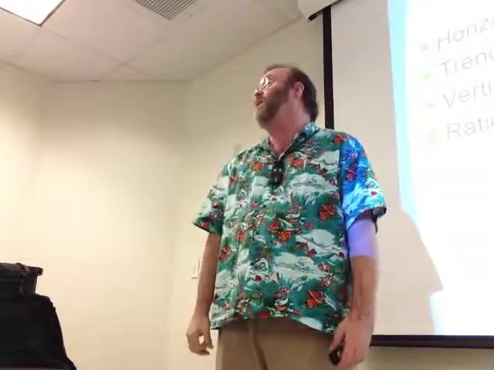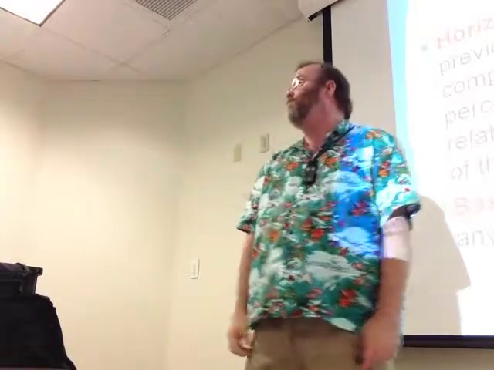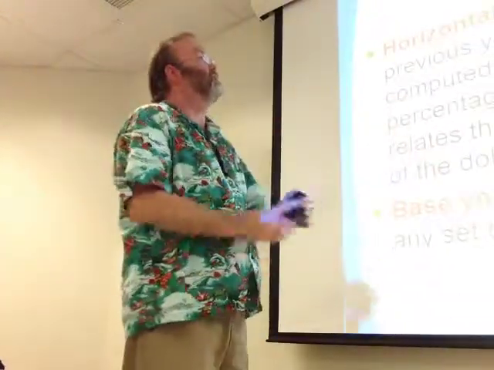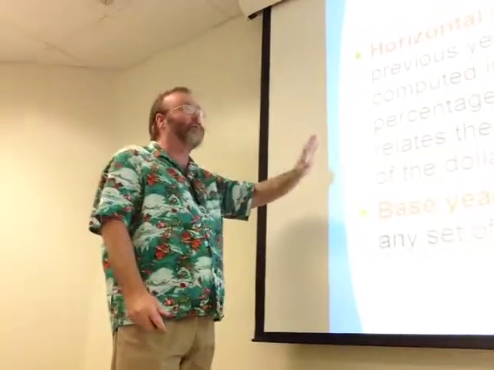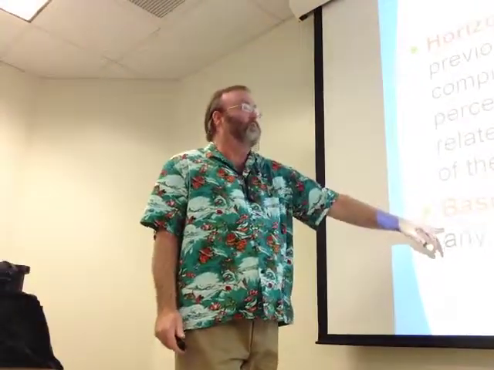Divide that by the base year, which is the oldest of the years that you're doing comparison for, and that's a 20% increase in sales. All right? So horizontal analysis is the change from year to year, both the dollar amount and the percentage. So the base year is always the oldest year.